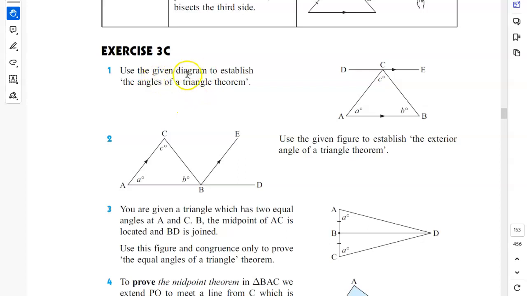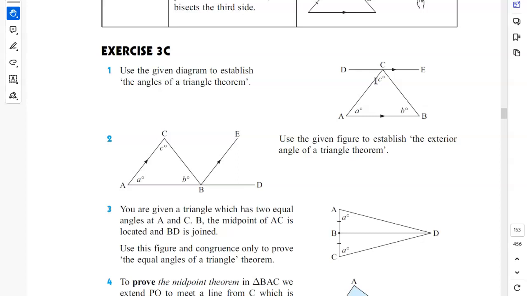So, given the diagram, establish the angles of a triangle theorem. What is the angles of a triangle theorem? All the angles have to add up to be 180, but we have to prove that. Now, again, what do you notice? What do you see in that diagram? Yep, because the lines are parallel. Absolutely.